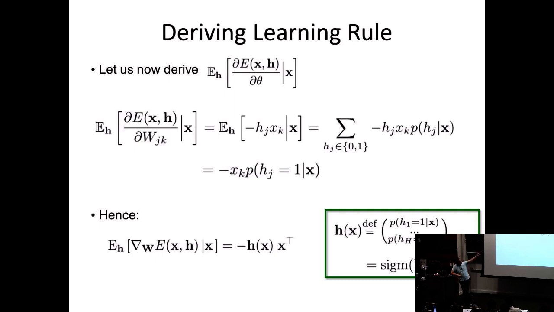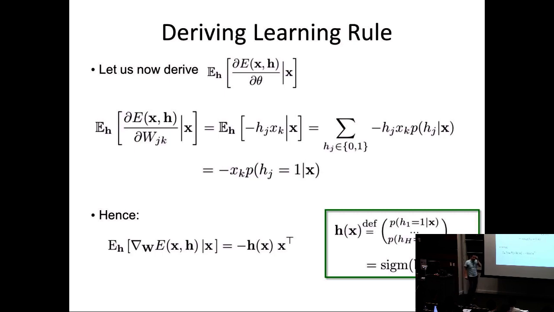What's the expected value of h_j x_k under the conditional? Well, conditional on x, all the h's are independent. So you're just looking at summing over h_j. You ignore all the other h's, because the sum over all the other h's is just going to be 1. And so you look at this, which is just given by x_k and then the conditional probability of h_j given x.